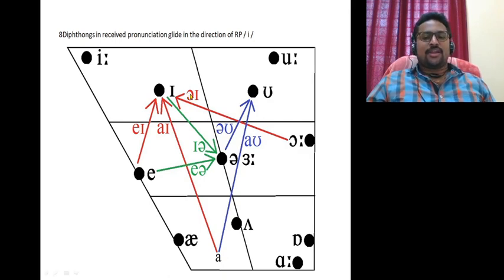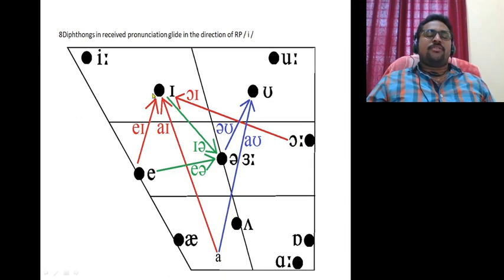Two sounds we are getting, boy, right? Oil, coil, boy. Two vowels are coming here. So that's why we are calling them a diphthong.